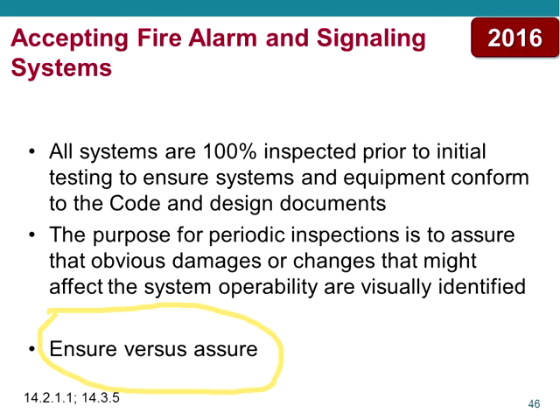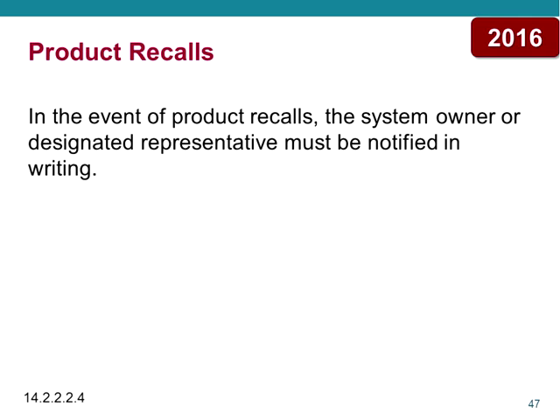But there's no guarantee that the entire system will operate 100% when we're out the door 5 minutes from now. So what the committee tried to do is clarify between insure and assure. And it's a subtle thing. It doesn't really affect the enforcement of the code, but it's a change that you need to understand, and where the committee's coming from.